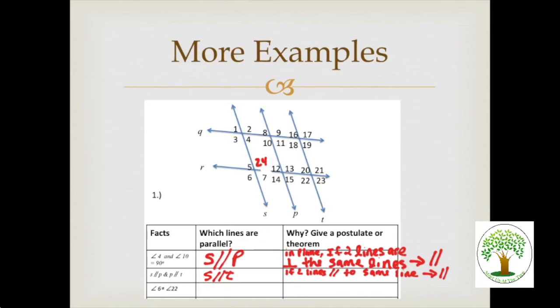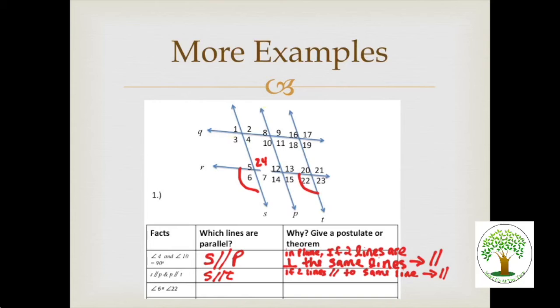Last thing, 6 and 22. 6 over here and 22 over there. So, are those corresponding? Same side interior, alternate interior, alternate exterior? Corresponding. They're both on the bottom left side, but what lines are parallel?